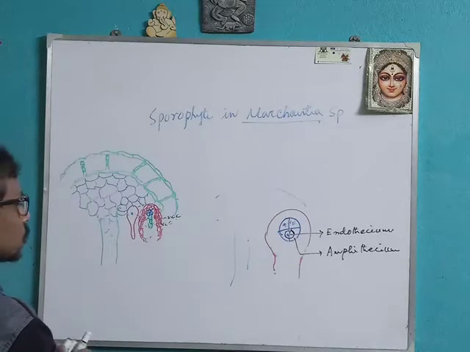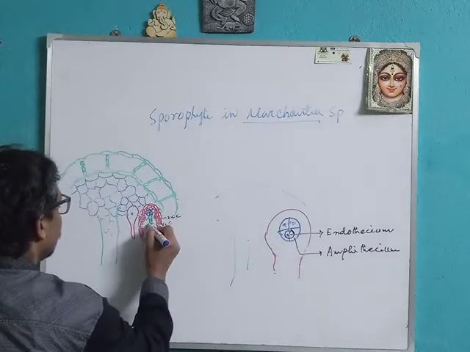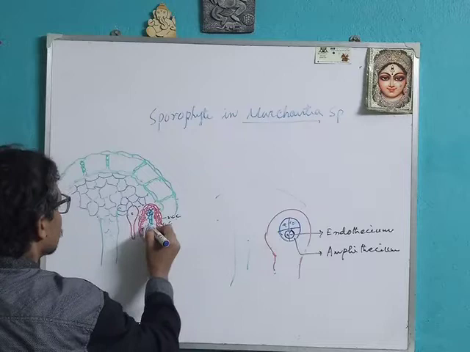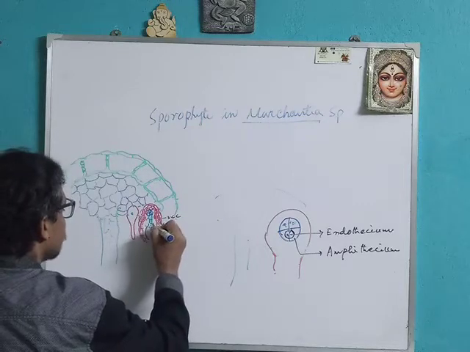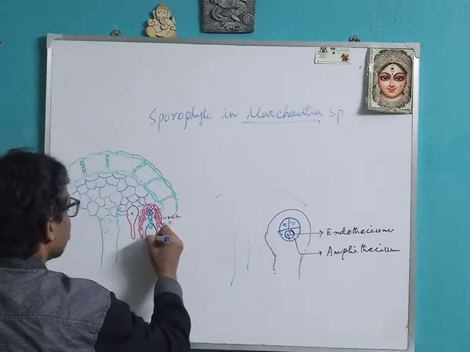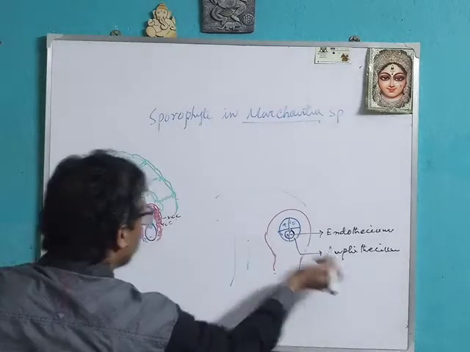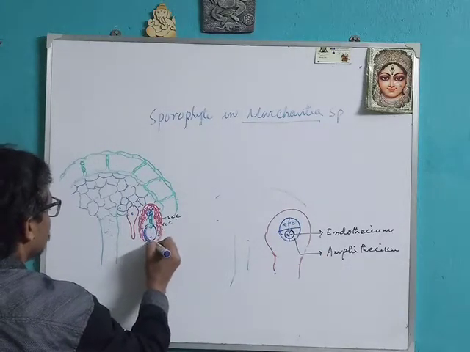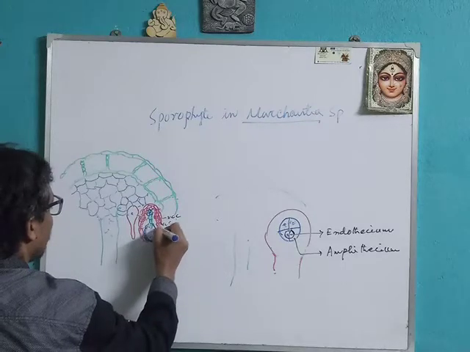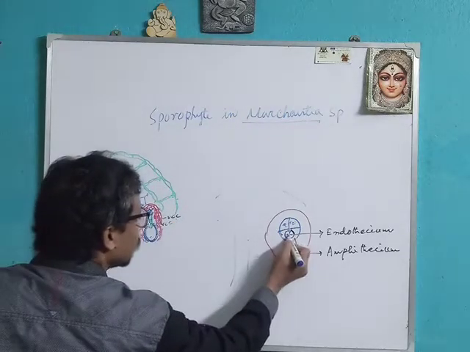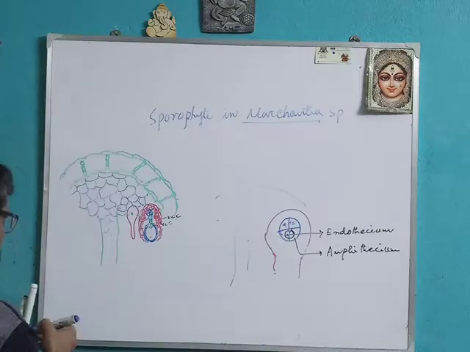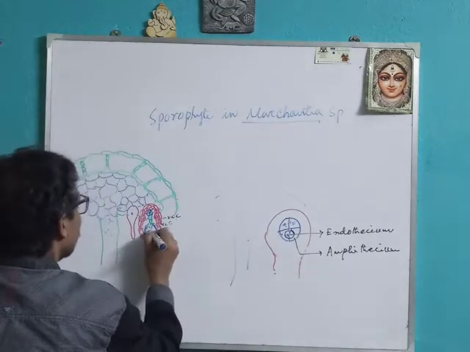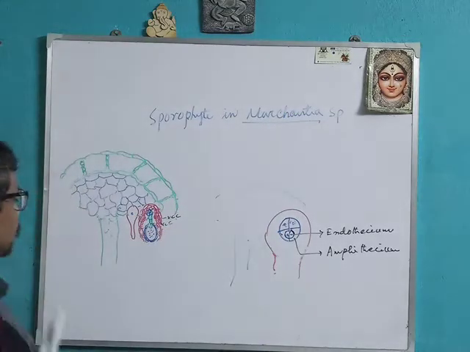And sir, the amphithecium will give rise to the jacket layer of this portion, and the endothecium, the inner mass, will be present over here.